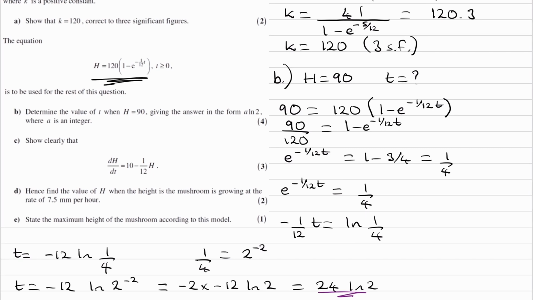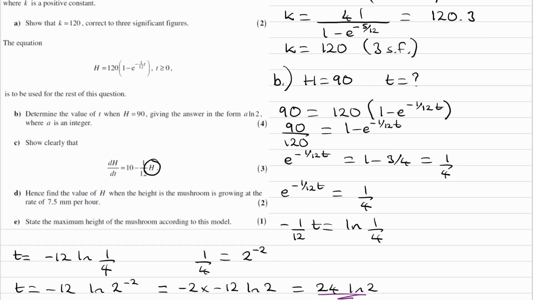So once you've differentiated this, then you want to consider this equation and rearrange it. Once you've rearranged this equation for whatever you think is appropriate, then you want to sub that into your differential to turn the e to the minus 1/12 t into h, which is what we have here.